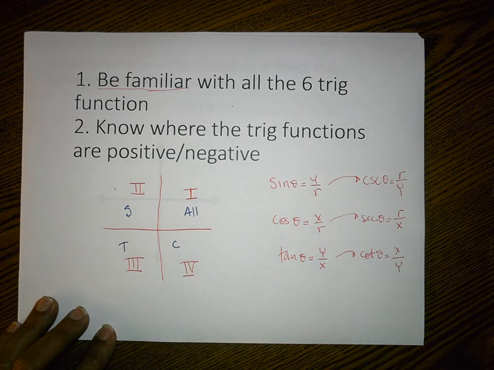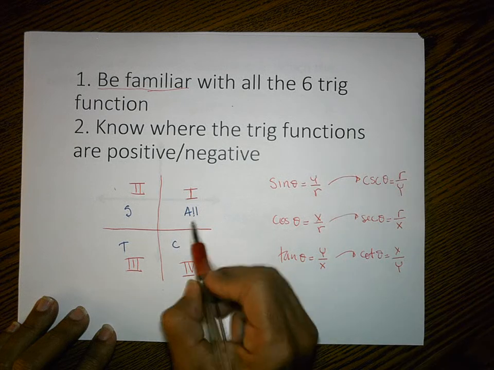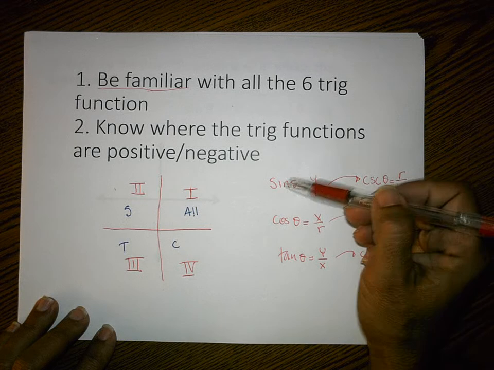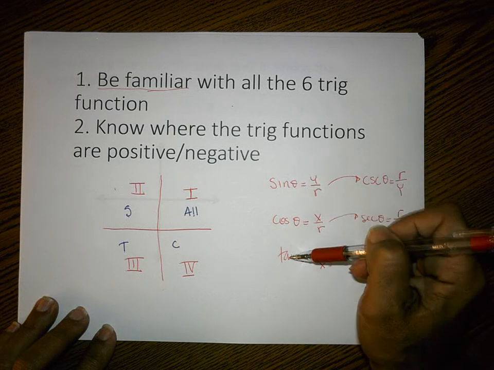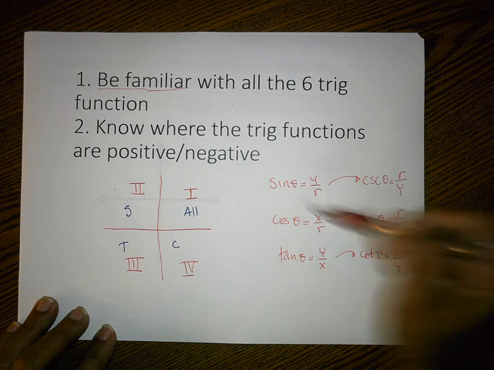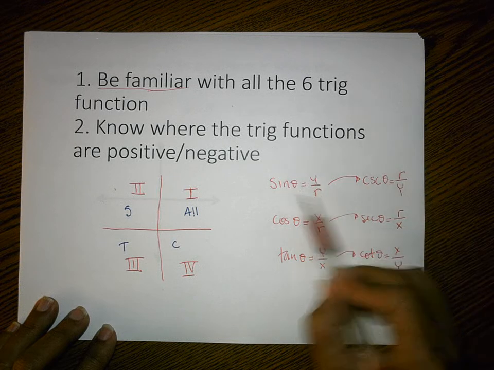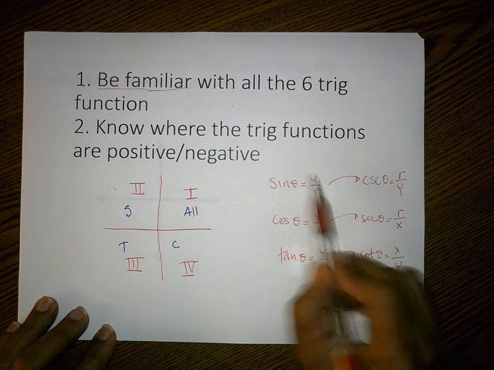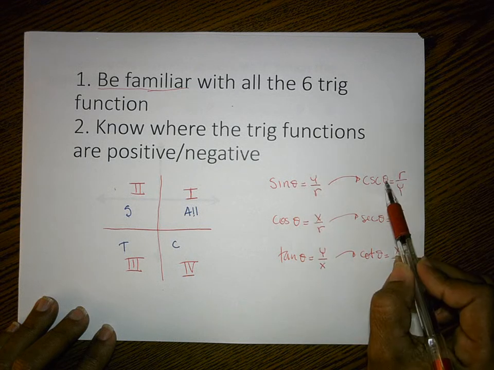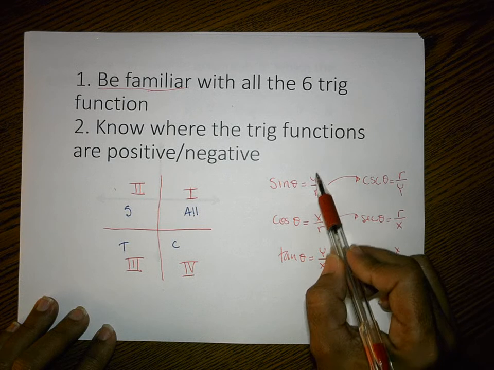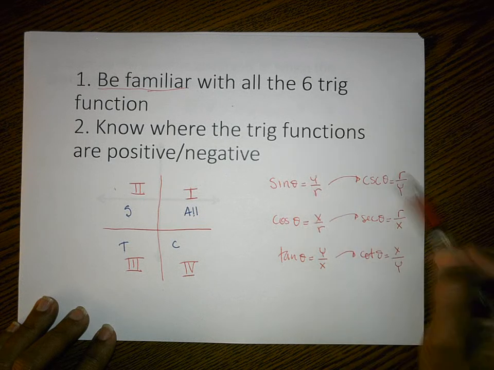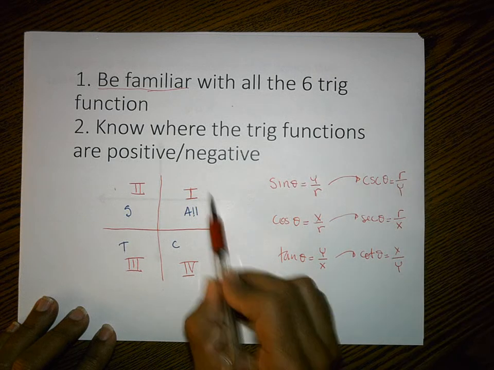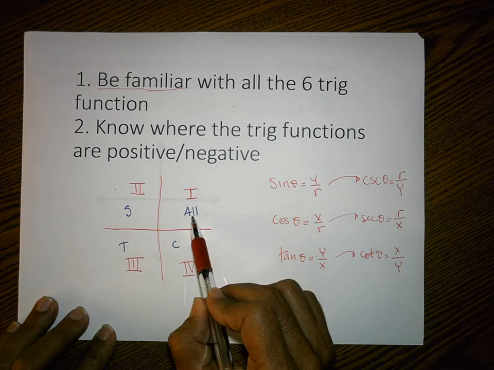If you remember that, you will know that all the functions are positive in quadrant 1. And when I say all, I'm talking about sine, cosine, tangent, and their reciprocals, okay? Because if the sine is positive, the cosecant will be positive. If the sine is negative, the cosecant will be negative. It only makes sense: if you have a negative fraction, when you flip it over, it's still negative, okay? So all the functions are positive in quadrant 1.